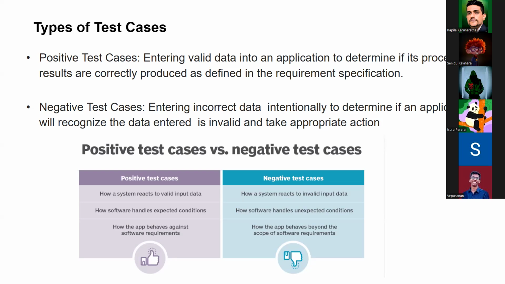You can have a large amount of different values, so you have to test. All these will be negative. When you are testing, your outcome will be that your username is wrong, your password is wrong, or you can't use invalid characters or something like that. You will get an error message and you won't be able to proceed. Since you are supposed to get an error message and you are not allowed to proceed, we consider it a negative test case. Right? So basically, we'll have positive and negative. That's a fundamental area.